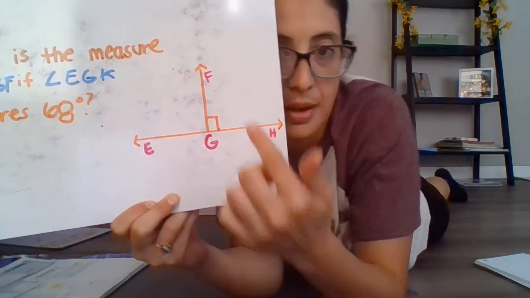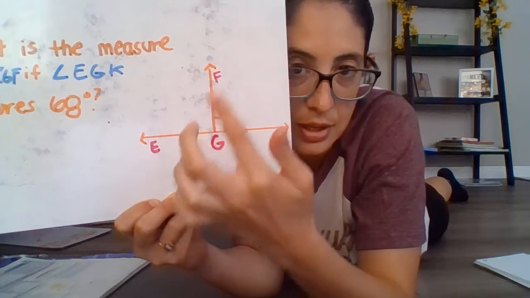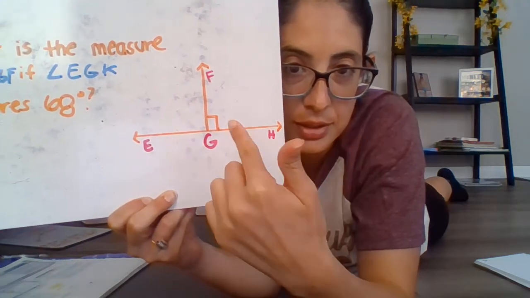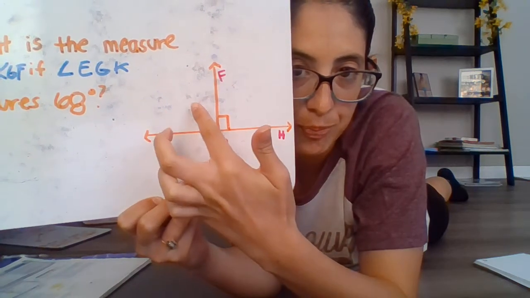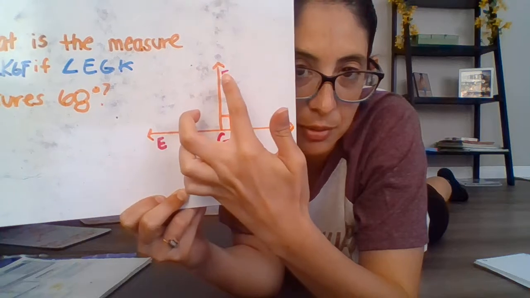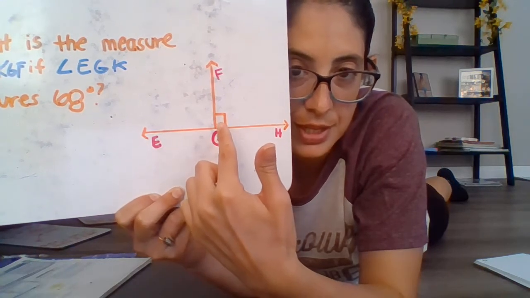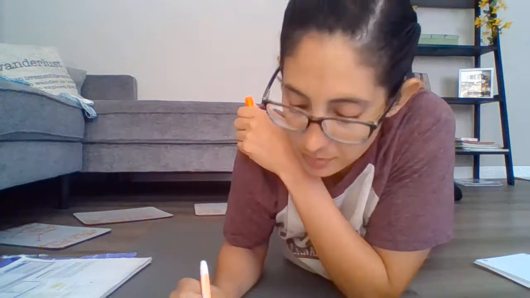But then I have a new angle, okay? So this angle right here is equal to 90 degrees. What about this side? From here to here to here. If this is 90 degrees, this has to be 90 degrees. How do we know?